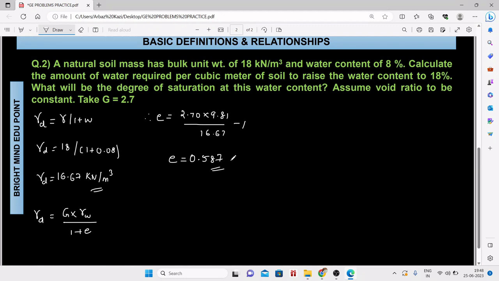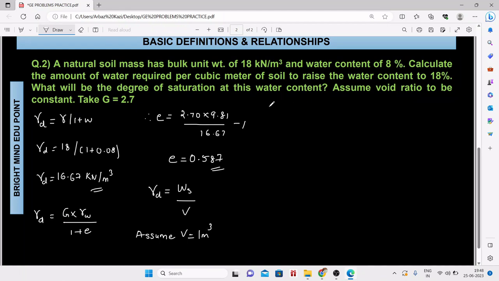Now, we know from the definition, dry unit weight is equal to weight of soil solids to the total volume. We'll assume the total volume as 1 meter cube.